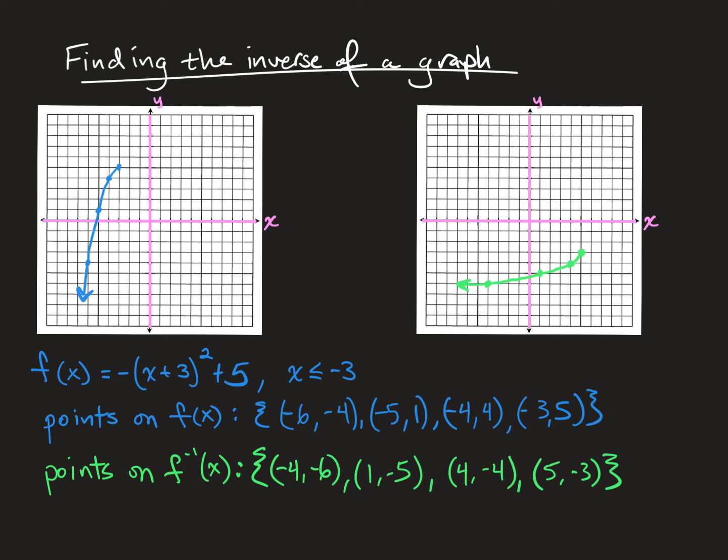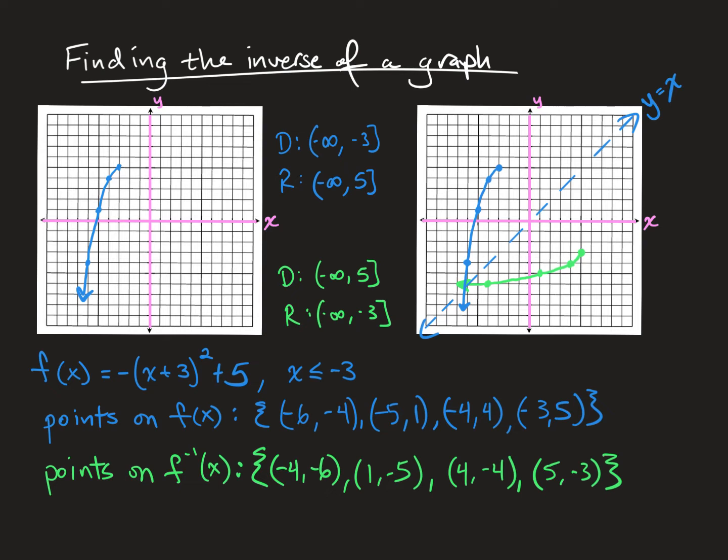And you can further see this if we plot the original function here on this coordinate plane. So here's what that looks like. You can see there the original function and the inverse are reflected over this line, y equals x.